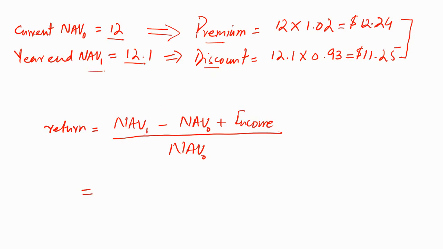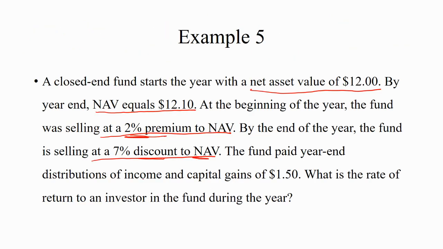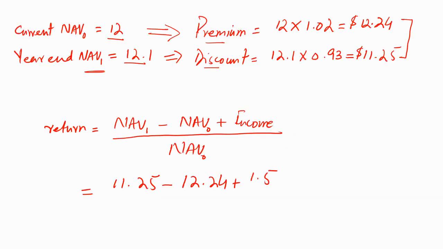My NAV 1 was 12.1 before discount, so after the discount, the value is now 11.25, minus NAV 0: without premium it was 12, so after the premium, the NAV is 12.24, plus the income and capital gains of 1.5, and the whole divided by again NAV 0, which is 12.24.